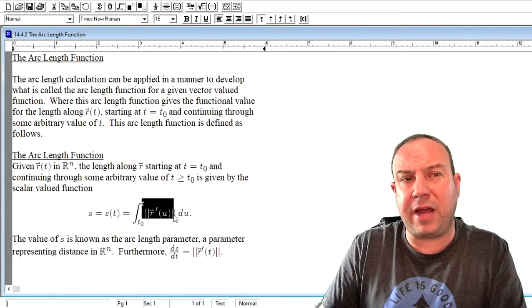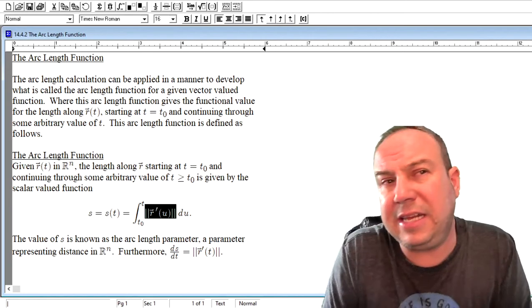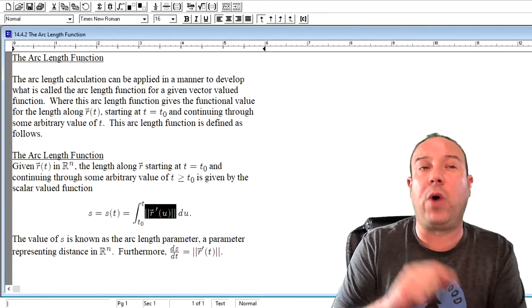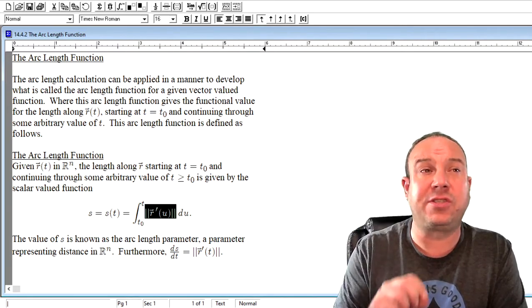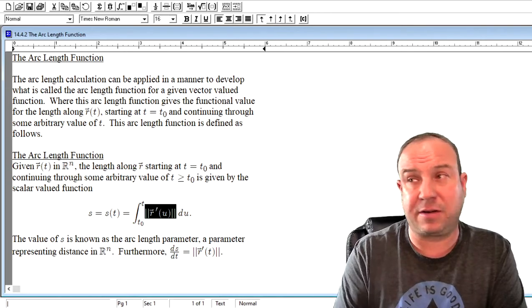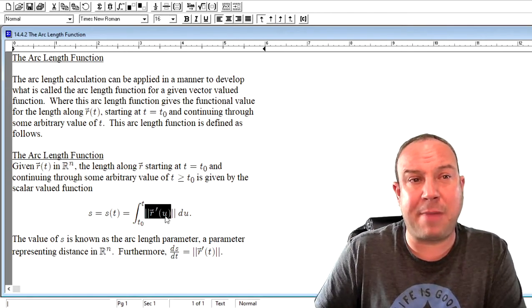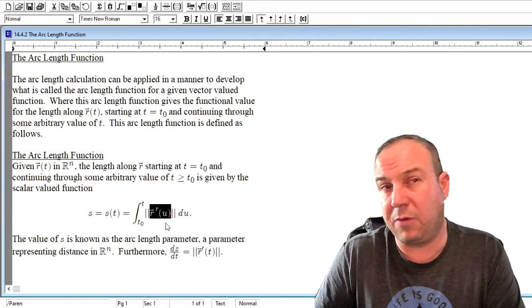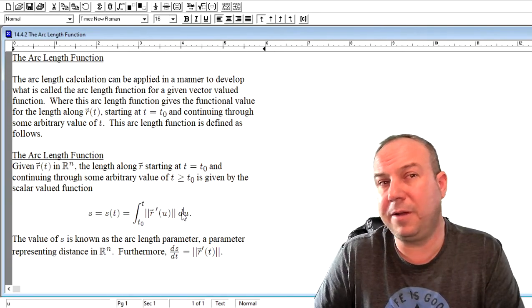And what we integrate in our integrand is actually this quantity here. That quantity is the magnitude, or the length, of what describes the vector given by the first derivative of our vector valued function, r bar. All right? Notice that is the magnitude of r bar prime of u. And we integrate that all with respect to u. All right?